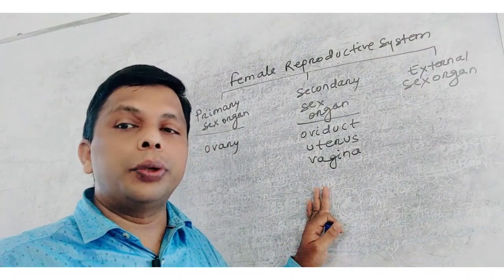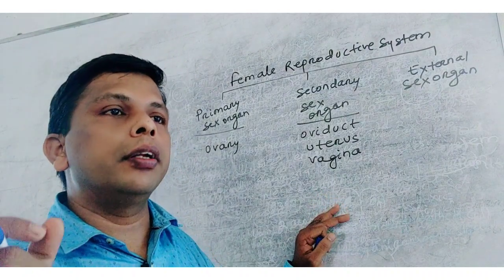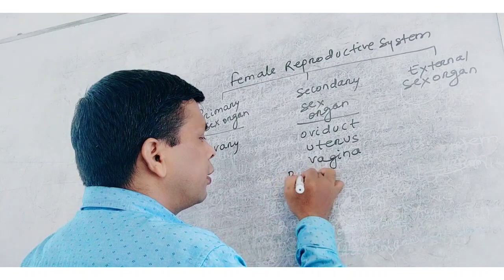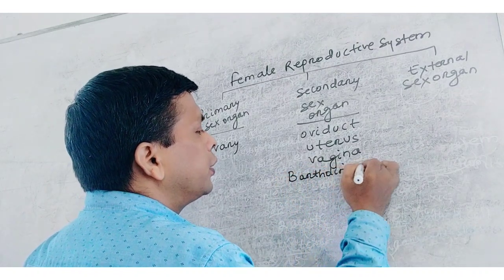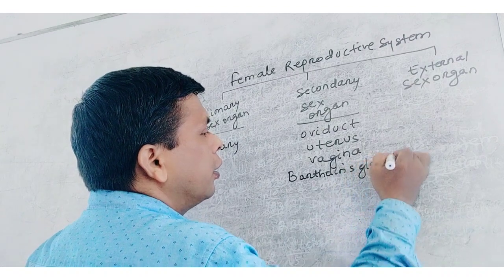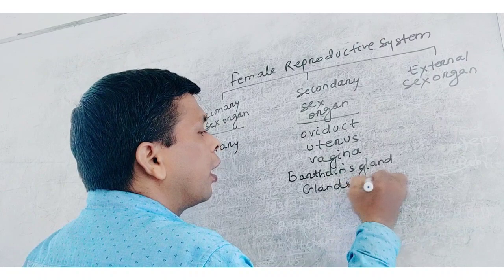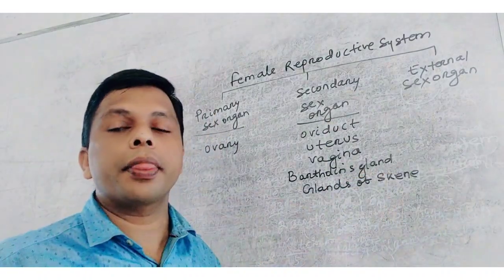glands. What are accessory glands? The accessory glands of the female reproductive organ consist of Bartholin's gland and glands of the skin.